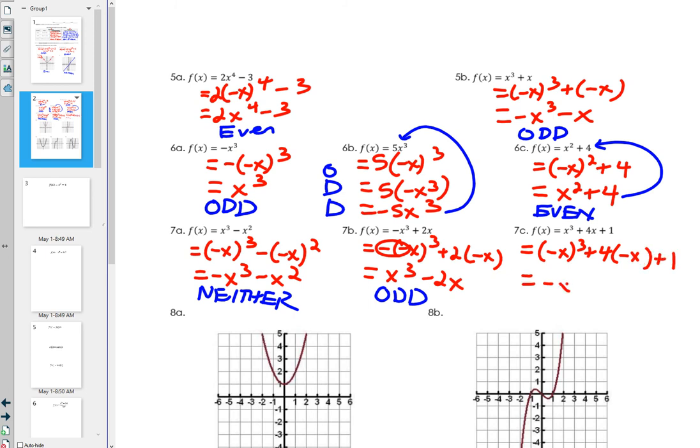So we got negative x to the third, that stays the same, minus 4x plus 1. Are those two the same? No, they're not the same, so it can't be even. Are the signs all different? Now the one stays the same. So this would be neither also. In order to be odd, every sign has to be different.